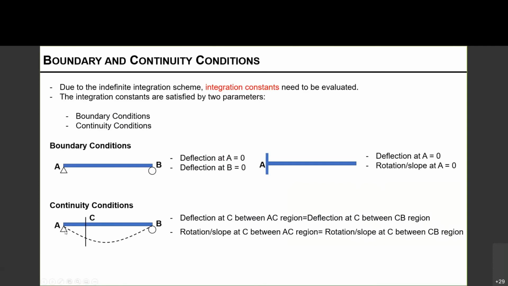So essentially that is what the continuity conditions are. Those two conditions are assigned to find the integration constants, so that we will be able to get the complete equation for the elastic curve, for the deflection of the beam, and the rotation of the beam at any point.